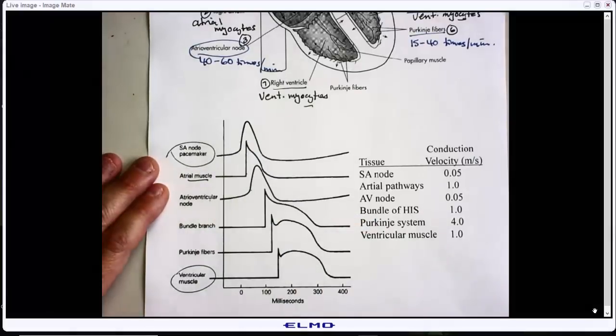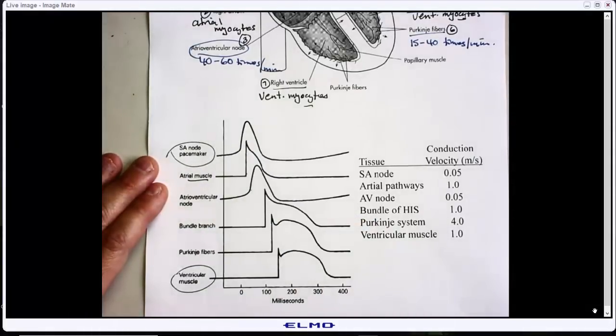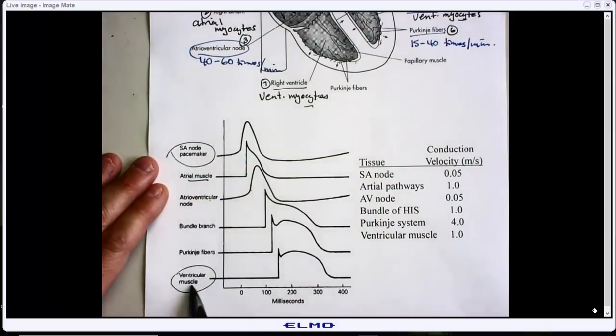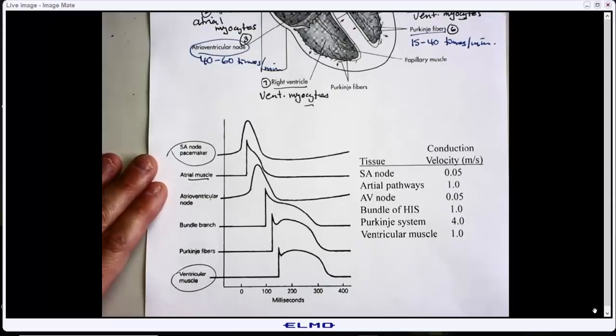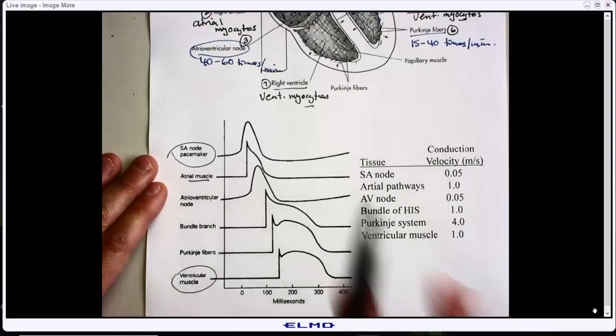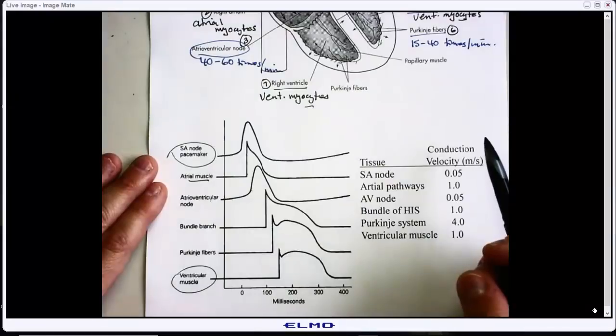We've already gone over the SA node pacemaker cells. We are then going to discuss in a little bit more detail the ventricular myocyte, the action potential developed there, and relate that to contraction because we still have to turn this thing into a pump.